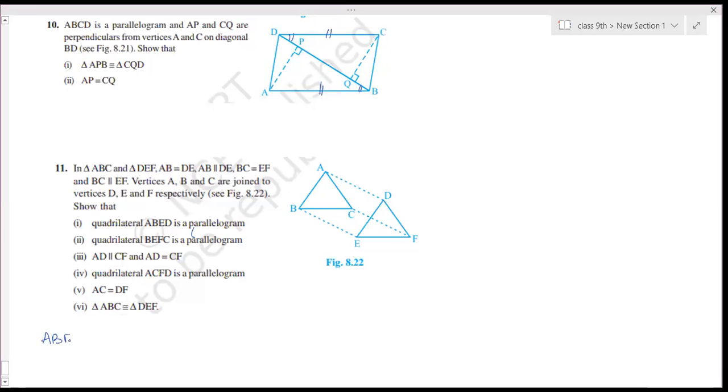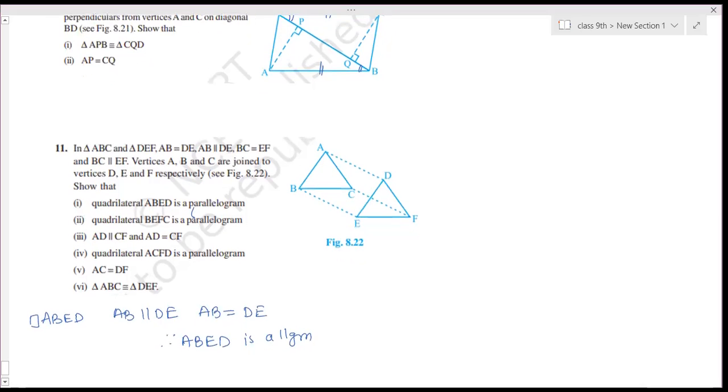In quadrilateral ABED, AB is parallel to DE as well as AB is equal to DE. So therefore, you have to write the statement in full. ABED is a parallelogram, and if it is a parallelogram, then the remaining sides are equal as well as parallel. So what is the remaining parallel opposite side? AD parallel to BE, and AD is equal to BE. Consider this as equation 1.